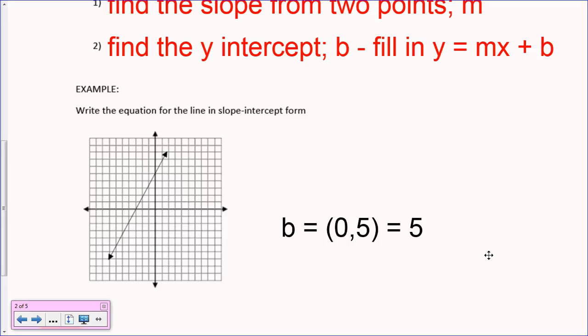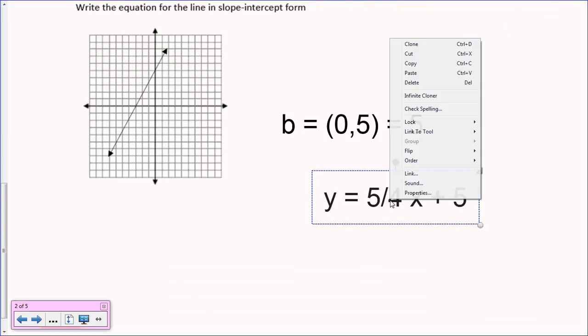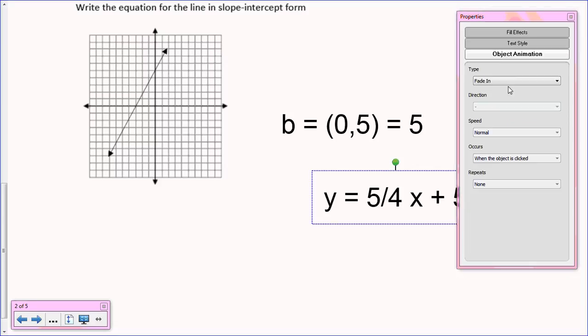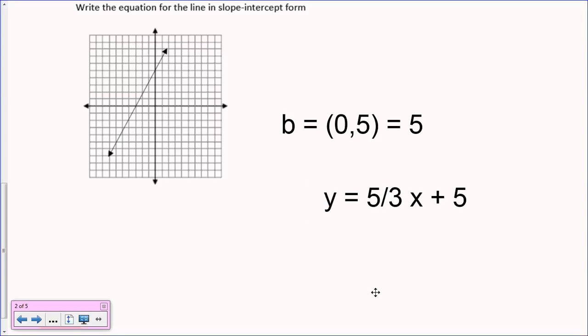So my equation should be 5/3 x plus 5. That's my equation. So you find the slope, you find the y-intercept, you plug it into the form. That's all you have to do.